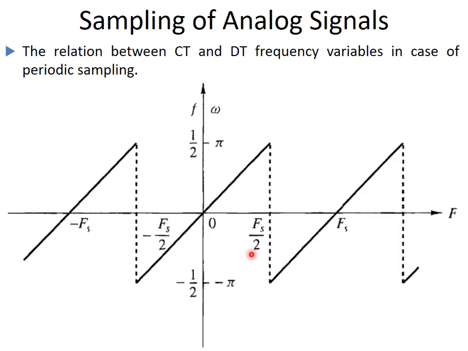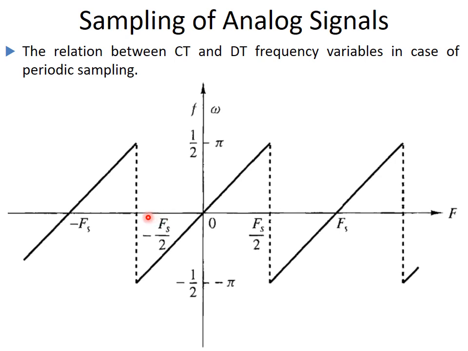The relationship between the continuous time and discrete time frequency variables is shown in the following figure. The horizontal axis of this figure represents the continuous time frequency and the vertical axis represents the discrete time frequencies. As the continuous time frequency is varied from minus infinity to plus infinity, you can see the discrete time frequency is limited to pi and minus pi, or 1 upon 2 to minus 1 upon 2.